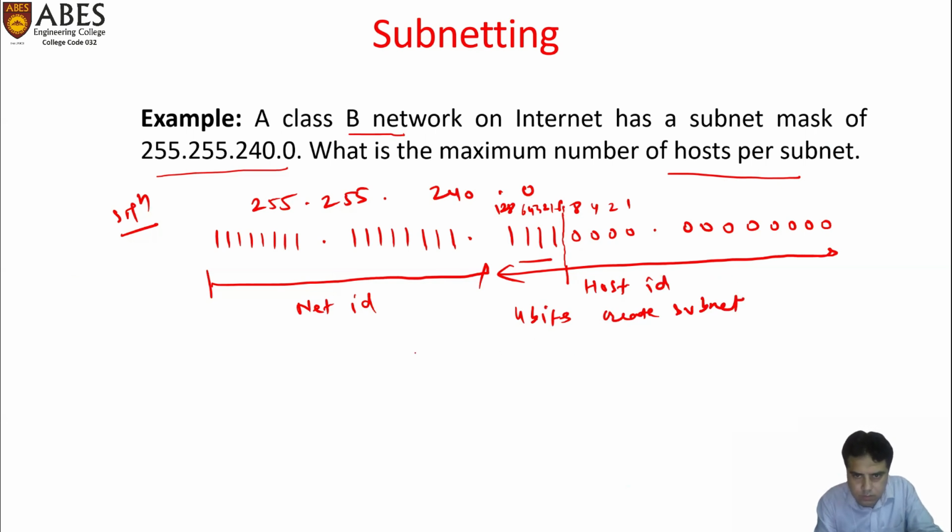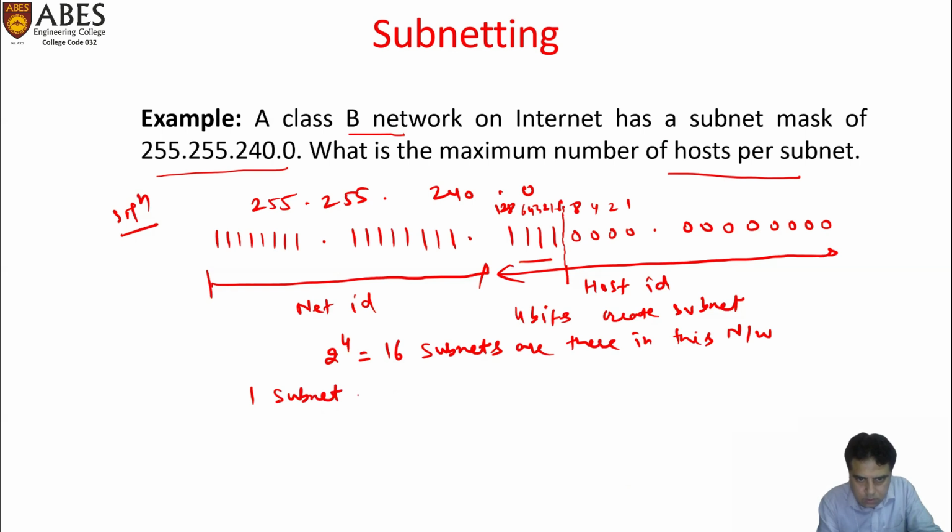Now 2 raised to the power 4, 16 subnets are there in this network. In one subnet, there are 2 raised to the power of the remaining bits, 12, which is 16 minus 4.